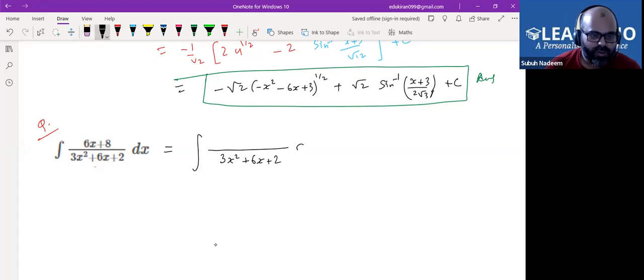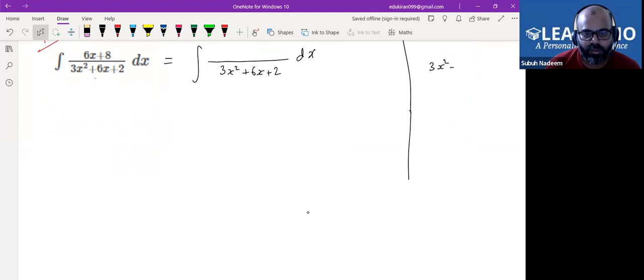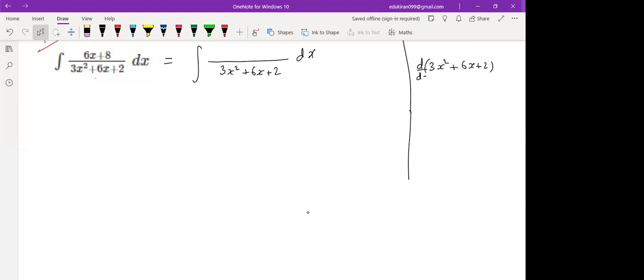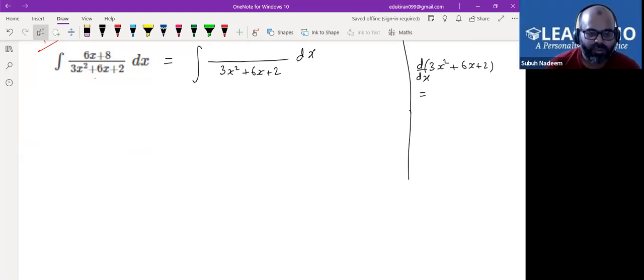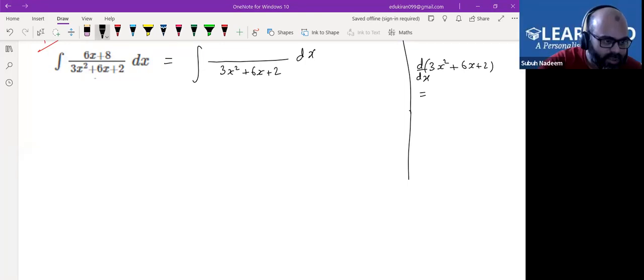So here also, we will differentiate the denominator, which is in the denominator. Yes, sir. Have you got the answer? Integral of dx by x square minus a square is equal to 1 by 2a log (x plus a) by (x minus a). One second, let me check. Can you tell again?